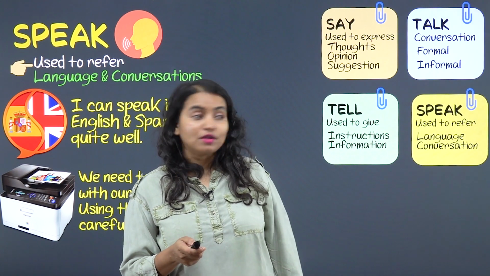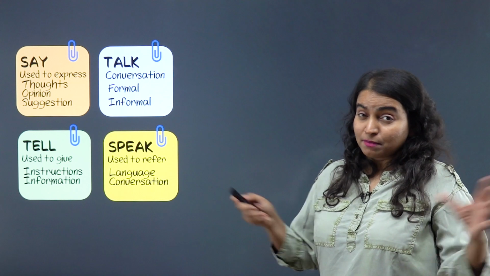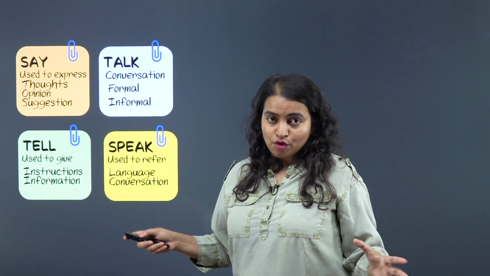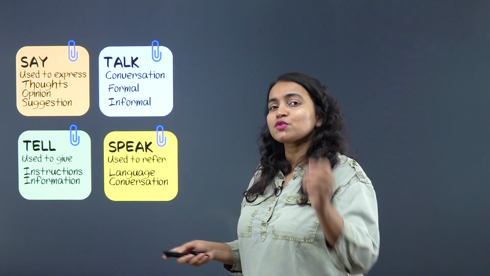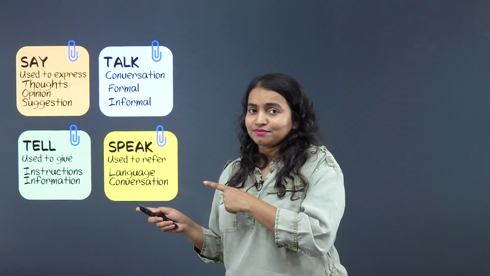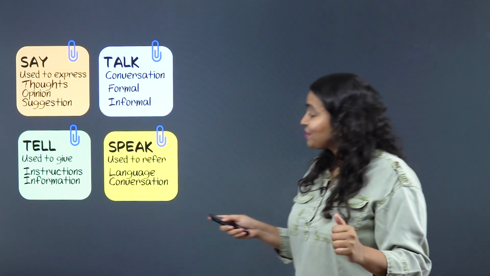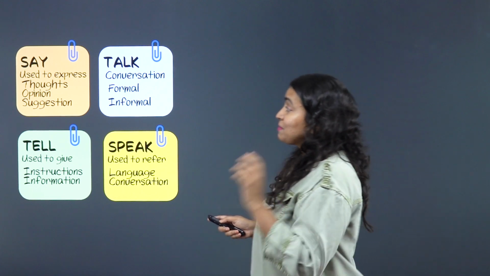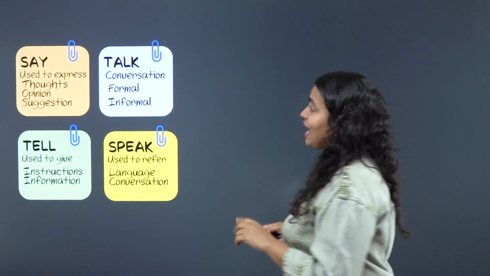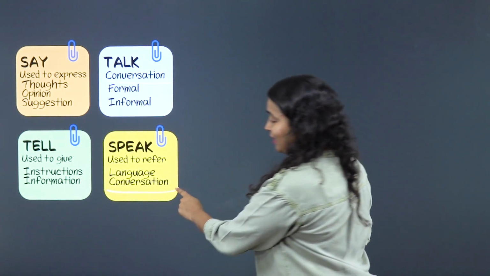So let me put all of this on this side of the screen so that you get a better perspective. So we've understood the difference between the four, right? But now there is one similarity between two words. Can you figure it out? Take your time. Okay, so let me help you understand. The similarity between two words out of these four words happens to be with talk and with speak.